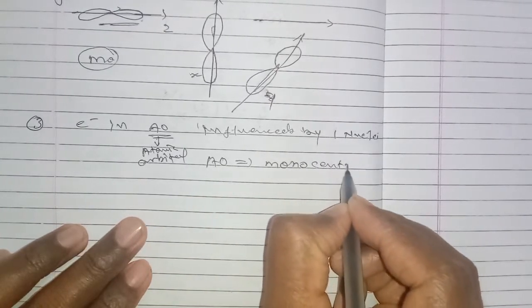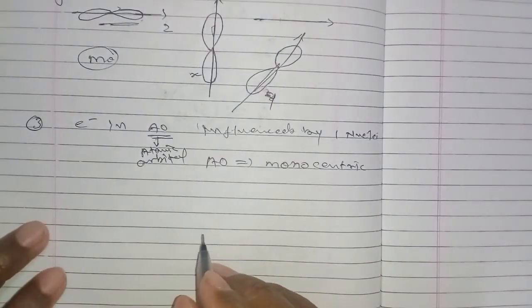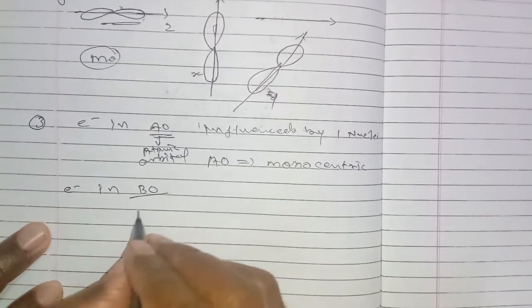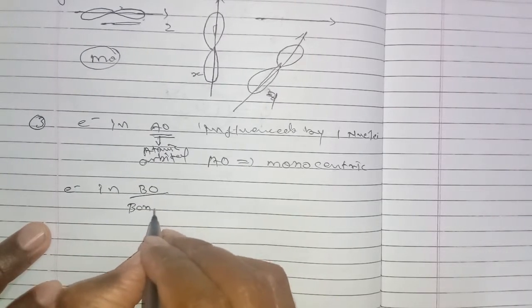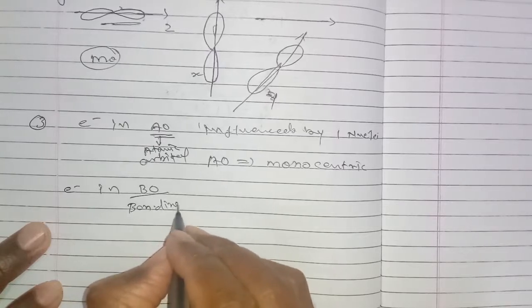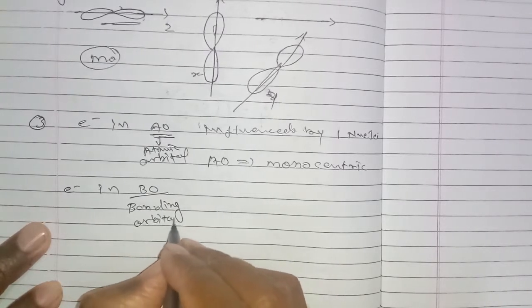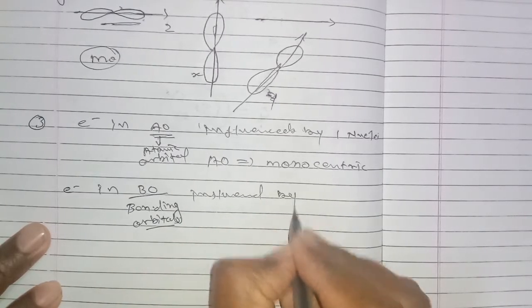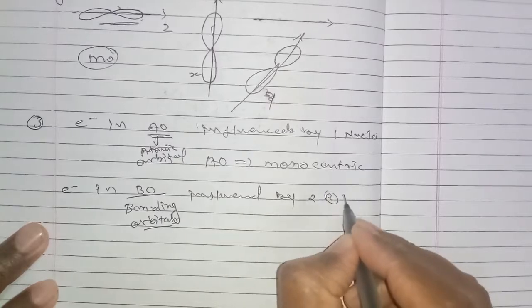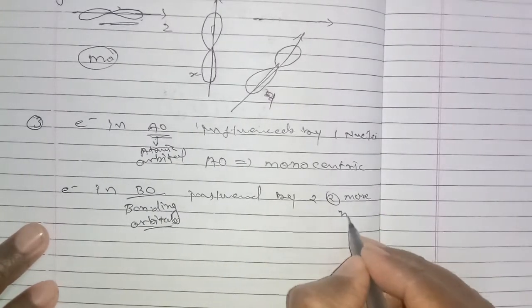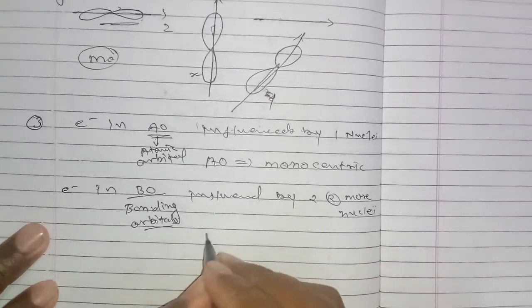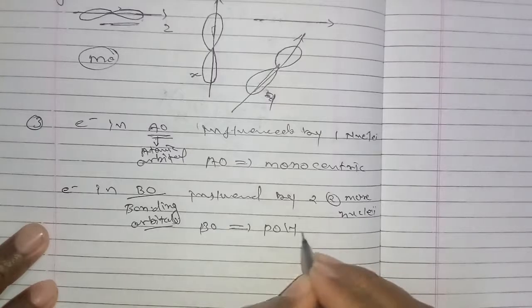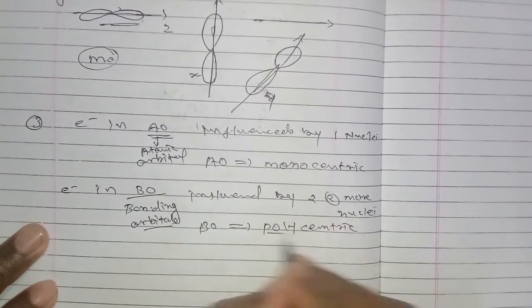Or rather, an electron in a molecular orbital is influenced by two or more nuclei. Here the molecular orbital is polycentric.